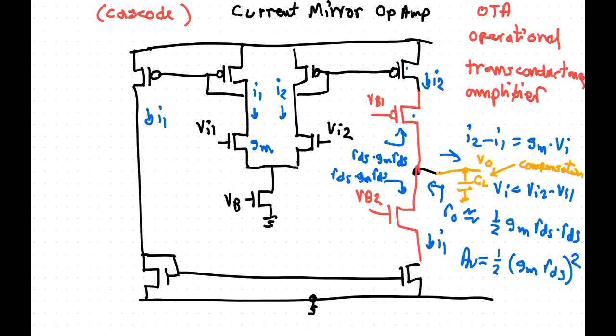You can then adjust the two input voltages a little bit such that those two currents are exactly the same. So I1 and I2 are not going to be the same, but that is equivalent to having an offset voltage in the amplifier.